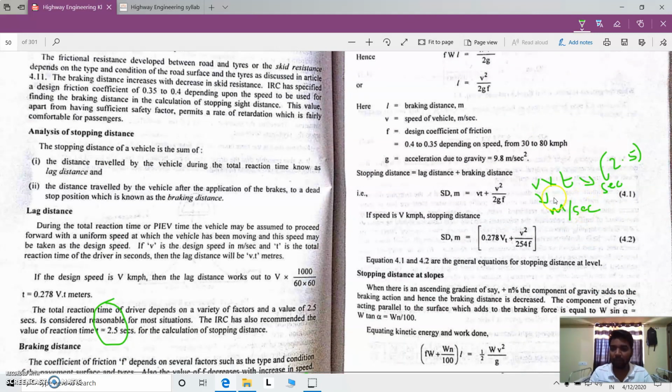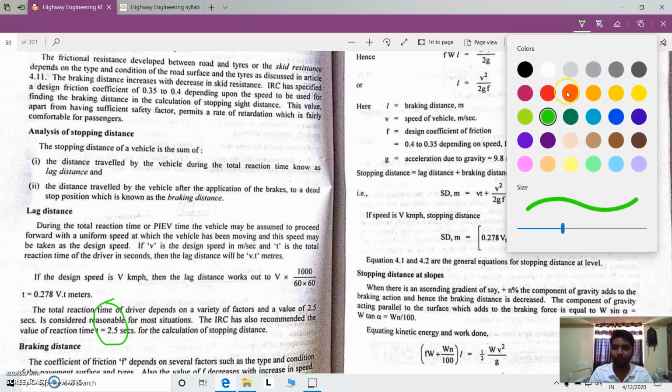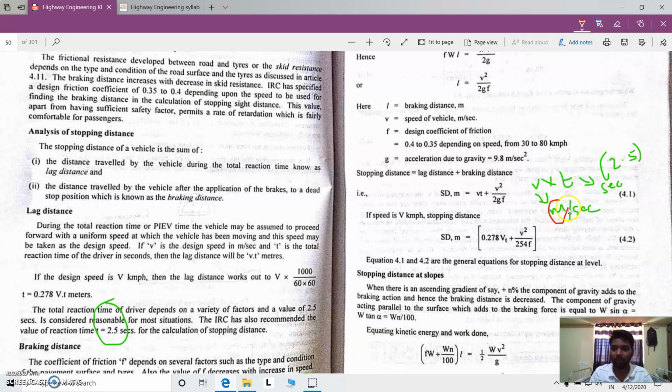With this equation you get the distance in meters, since v is in meters per second and t is in seconds, and the seconds cancel. So we are done with lag distance. Stopping sight distance is equal to lag distance plus braking distance.